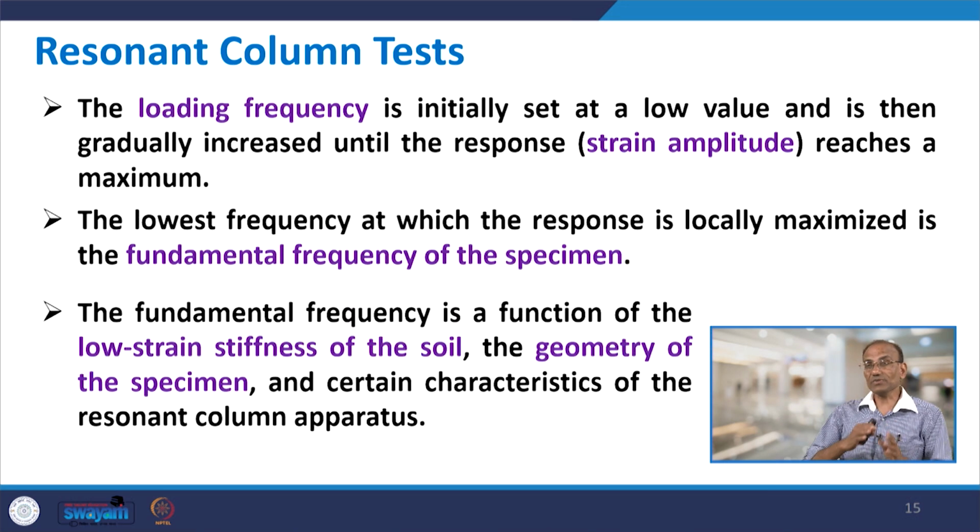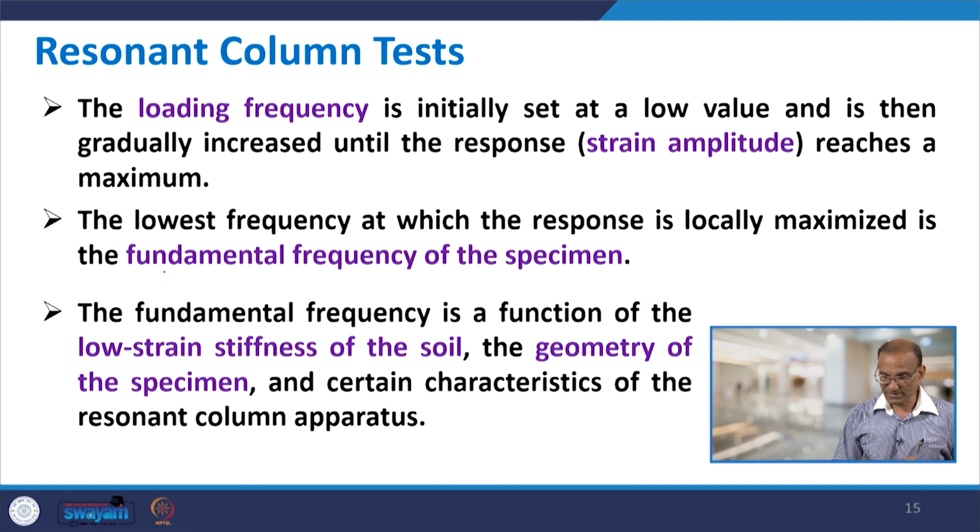When the frequency changes, the amplitude, initially almost nil, reaches a peak value. Wherever you get the peak, that is basically the resonant frequency we try to assess. The lowest frequency at which the response is locally maximized is the fundamental frequency of the specimen.